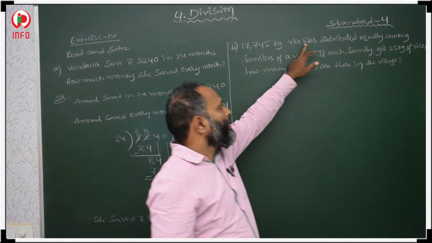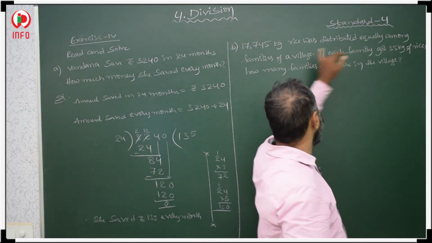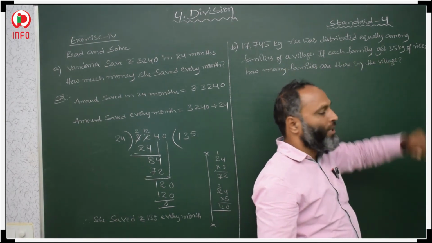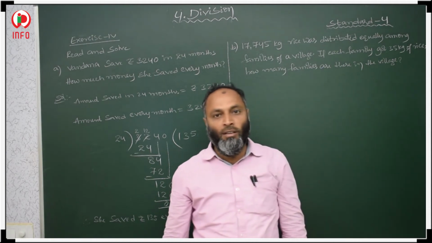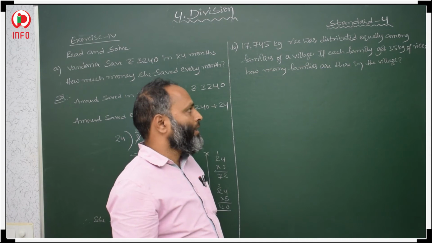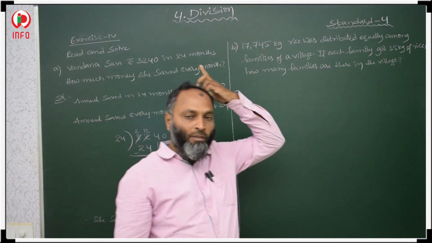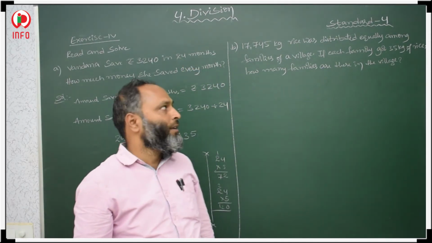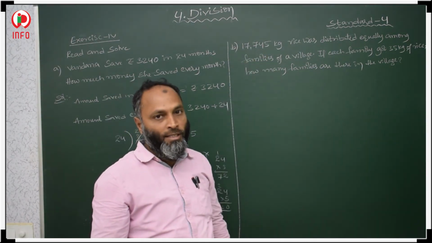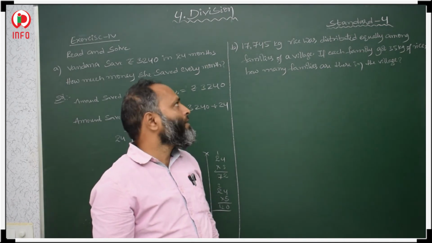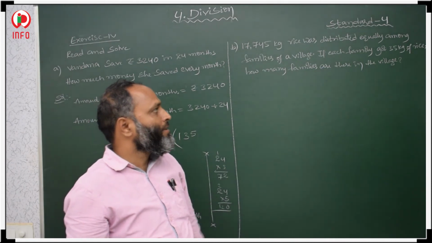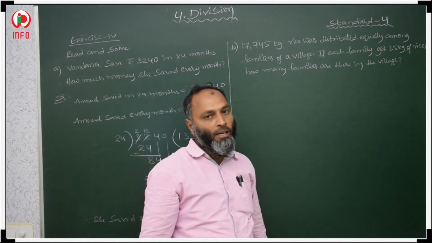17,745 kg of rice was distributed equally among the families of the village. Each family got 35 kg of rice. How many families are there in the village? So we have to divide. The total quantity of rice distributed is 17,745, and each family got 35 kg.